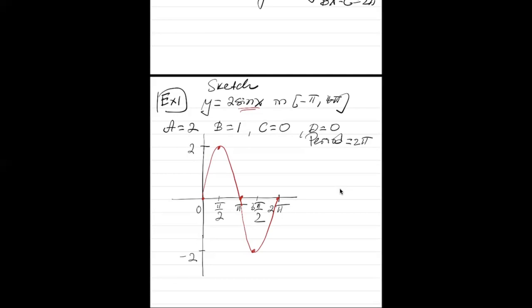Now, it says to graph it from negative pi to 4 pi. So we need to continue it. So this is 2 pi, then this is 4 pi. And we want, on the other side, negative pi. So now we want to split this interval here and this one. So let's continue the graph.